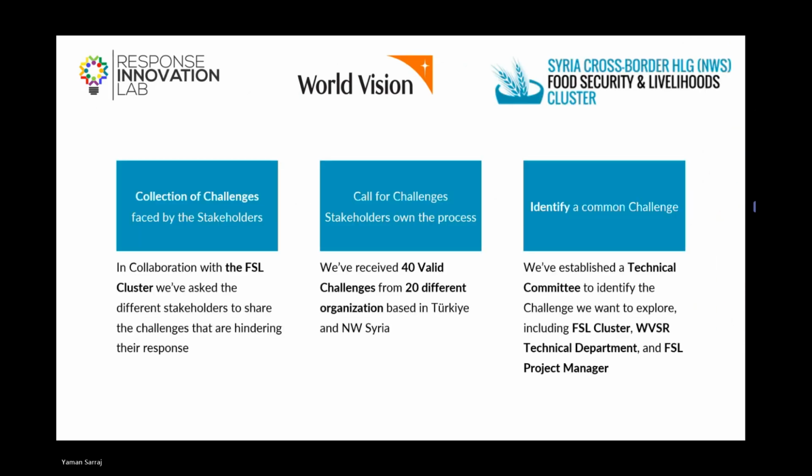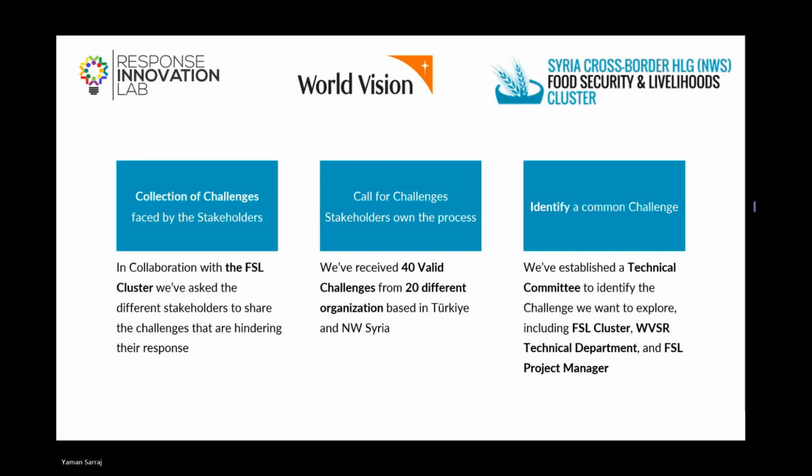So I'm going to start first about the process of call for challenges, which is initiated by my colleague Yaman, our response manager. As you all know, we are in deep coordination with the FSL cluster, and I would like to thank them once again for being here and for supporting us and leading us during all the process. So we shared a call for challenges, mainly for the food security sector.